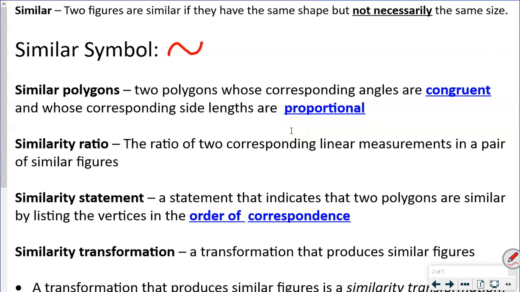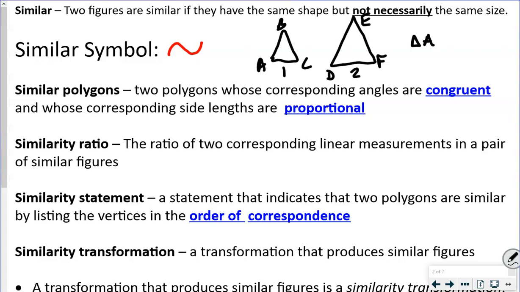So that means, for example, if we had a drawing like this, two triangles, right? And I told you all this side was 1 and this side was 2. And I said A, B, C, and D, E, F. We would write the statement triangle ABC is similar to triangle DEF.